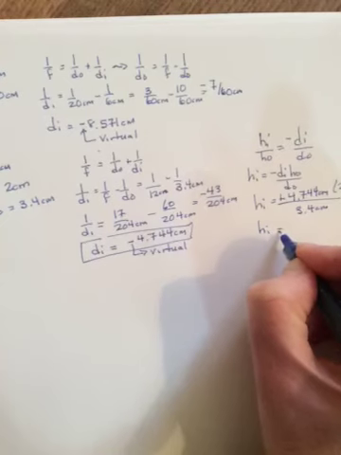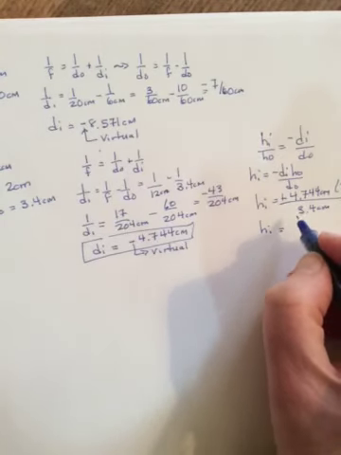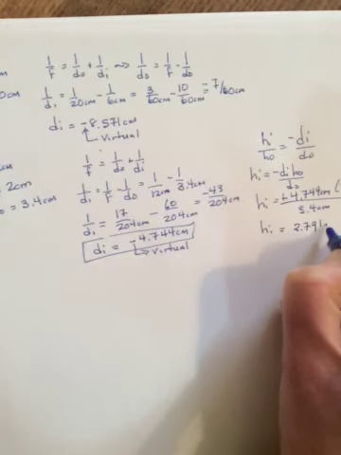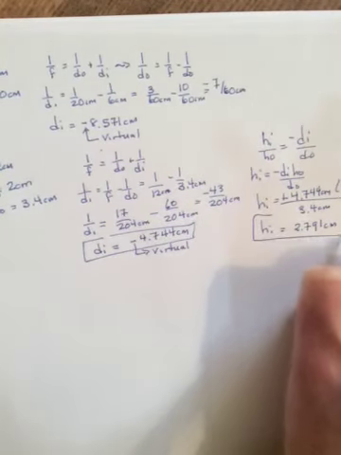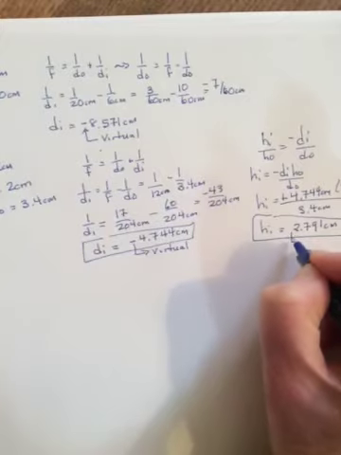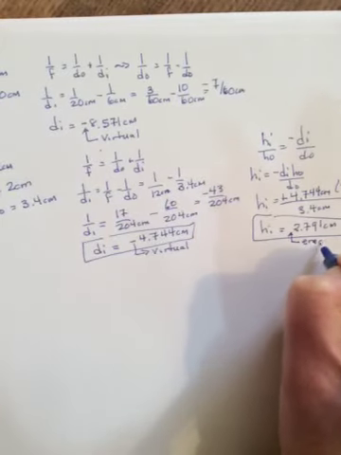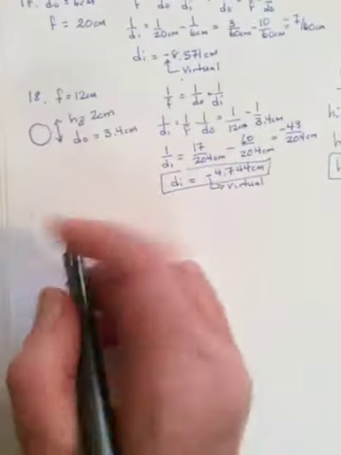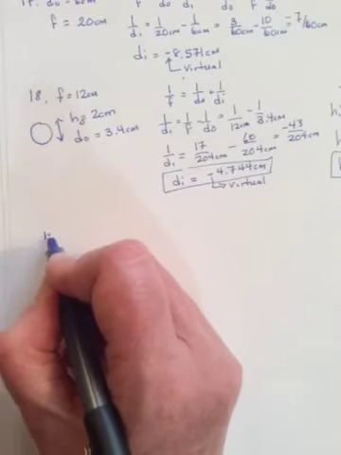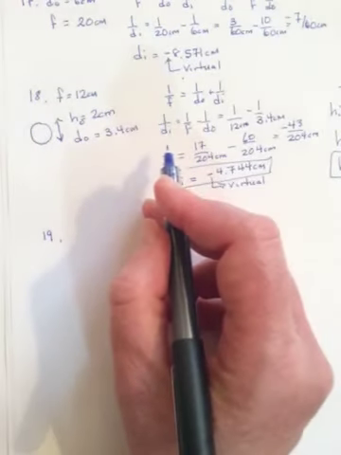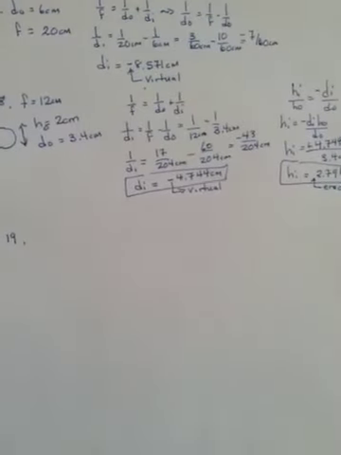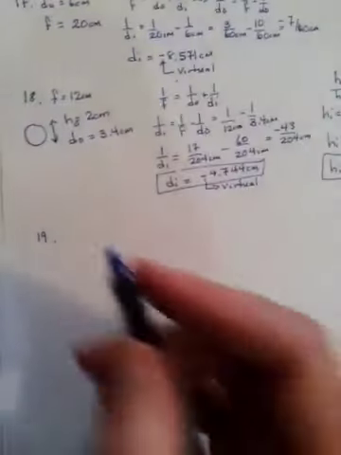Do the math and get 2.791 centimeters. Works out to be positive because it is erect. If it was negative, it would be inverted, but because it's virtual, it's erect, so it works out to be positive. So when there's a negative on the DI, it means virtual. When there's a negative on the HI, it means inverted, which means it's real.